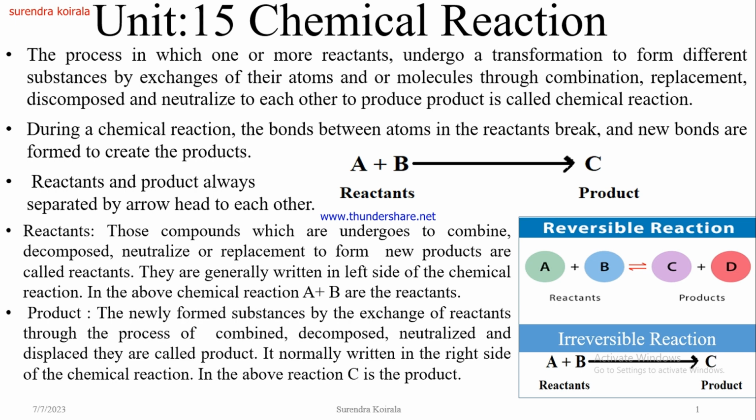They never exchange from product to reactants and reactants to product. They never change their initial positions, from product to reactants and reactants to product. That's why such reactions are called irreversible chemical reactions.